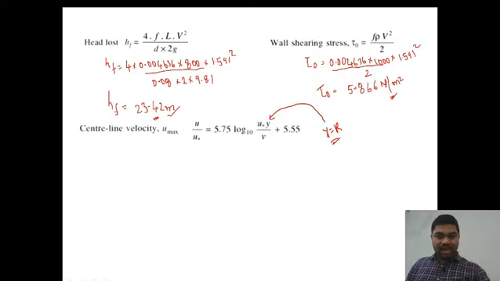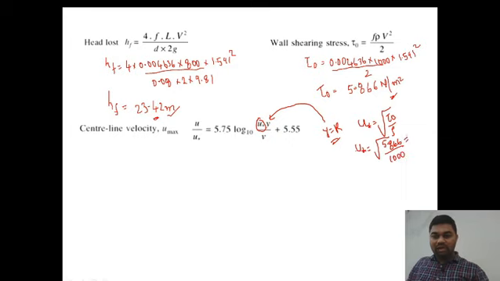One more thing: after replacing y with capital R, we need to find the shear velocity u star, which is equal to under root tau naught by rho. The value of tau naught is 5.866, divided by rho, which is 1000.